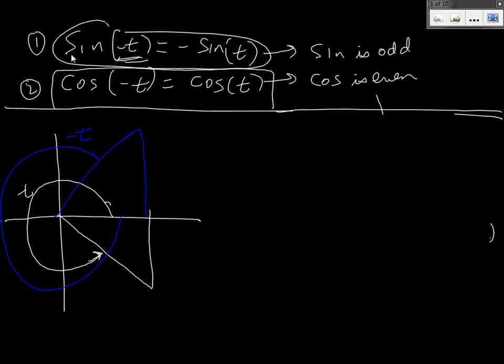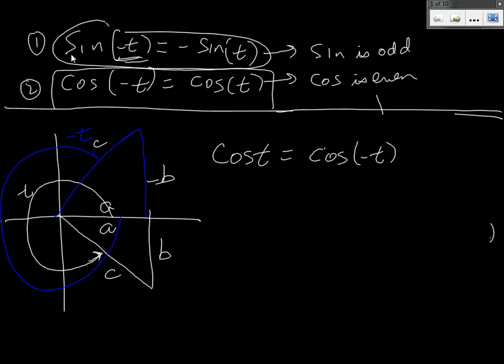It's the same game. The adjacents in both triangles are going to be the same. The hypotenuses are always the same. That tells us that the cosine of t is going to equal the cosine of negative t. However, if I call this b, then that's going to be negative b.